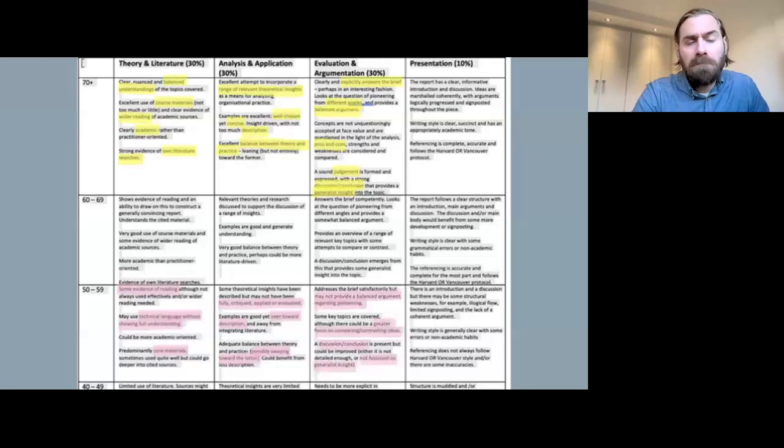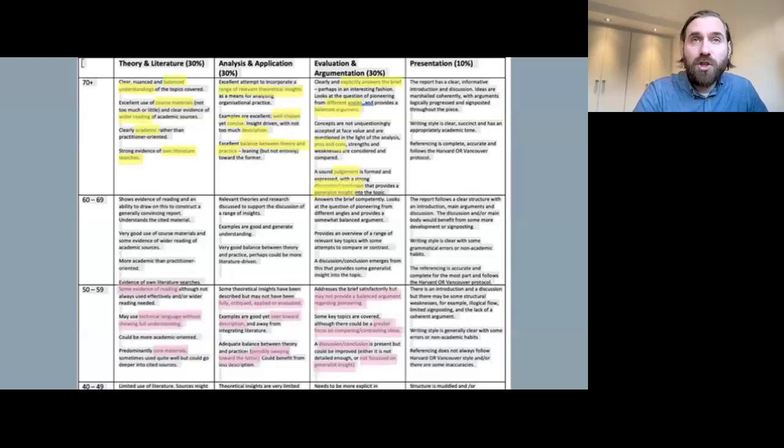And then the last part, for the evaluation and argumentation, in those 50s areas, you might not be providing a balanced argument. So it might be very heavily swayed towards one side. And because of that, you're not going to be spending a lot of time contrasting ideas and thinking about how they actually relate to each other.